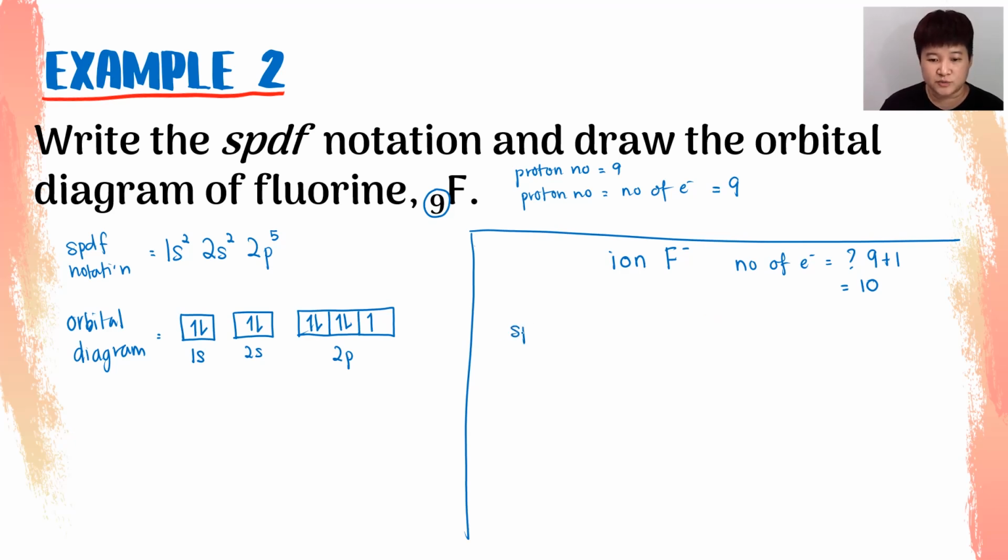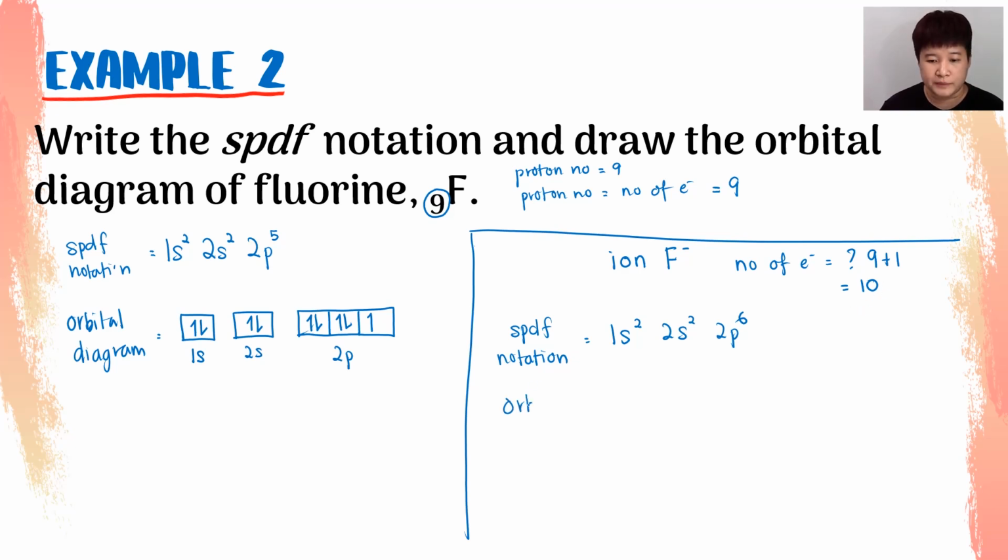How would the SPDF notation be different? The SPDF notation will have 1 extra electron. So it will look something like this: 1s2, 2s2, and 2p6 because of the extra 1 electron.